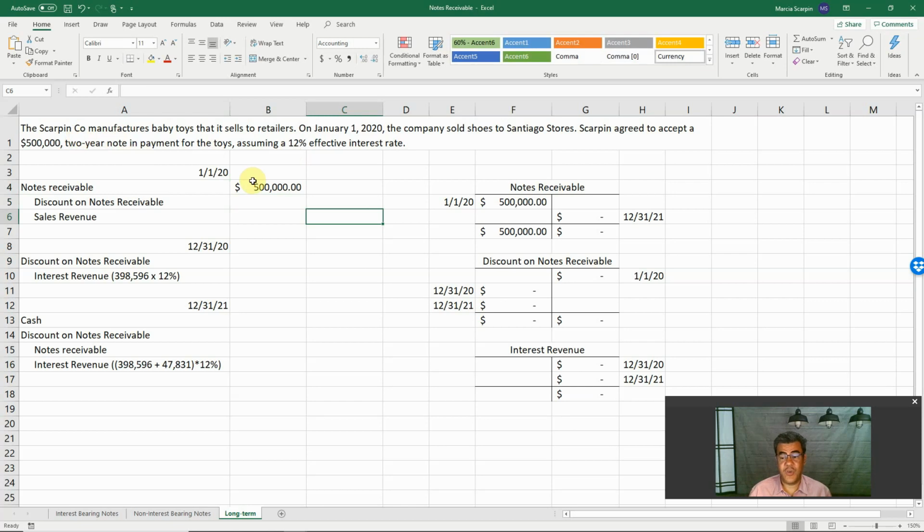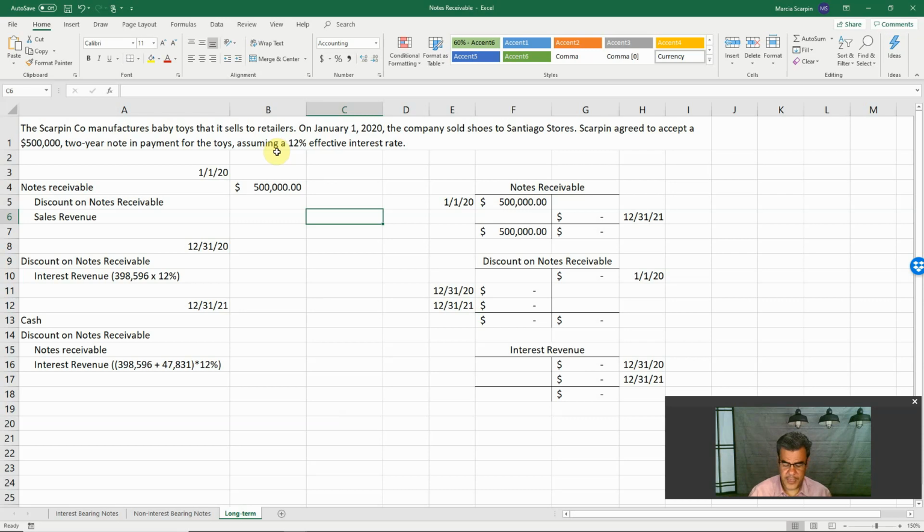The sales revenue is not 500 less 12% times 2. Long-term notes, we need to work with compound interest. And when we work with compound interest, we need to work with present value. By the way, we have a video about present value, so we will not be focusing here on how to do that. The video is in our video description too.